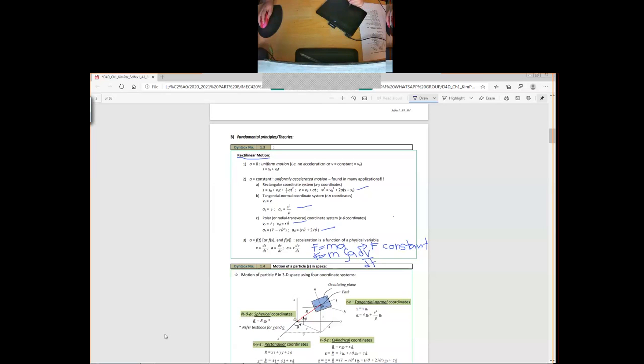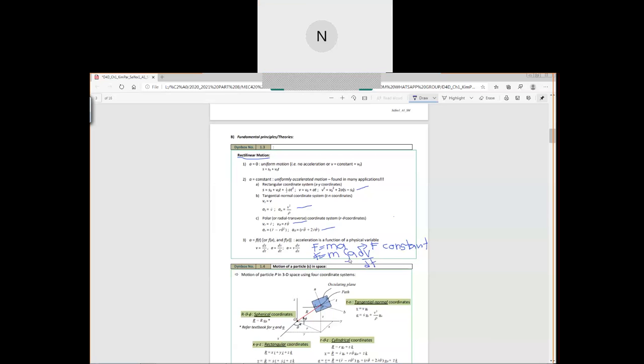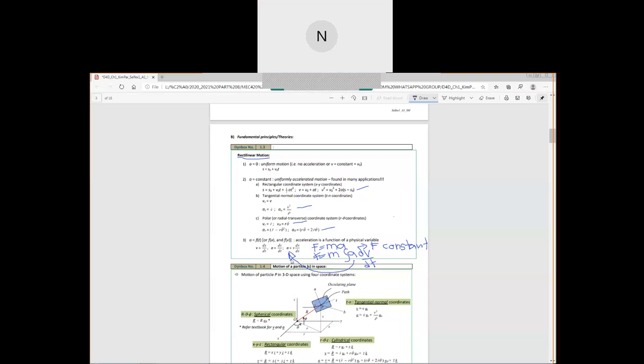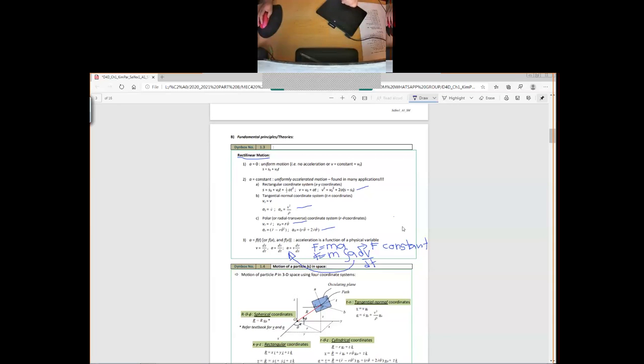So these are the cases where you will see in the question the value of a, you need to do some integration or differentiation, when the value of a is no longer constant. Compared to this one, these are the major differences between this equation and this equation. In this case, a is constant.